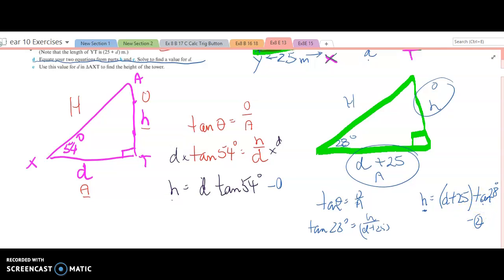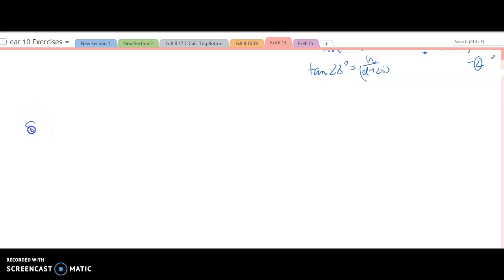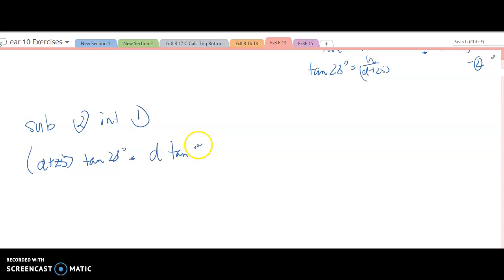So substituting 2 into 1, we end up with brackets D plus 25, 10, 28 degrees equals D 10, 54 degrees. We might as well use the solve button on our calculator. Remember, we're solving for D, close the brackets.